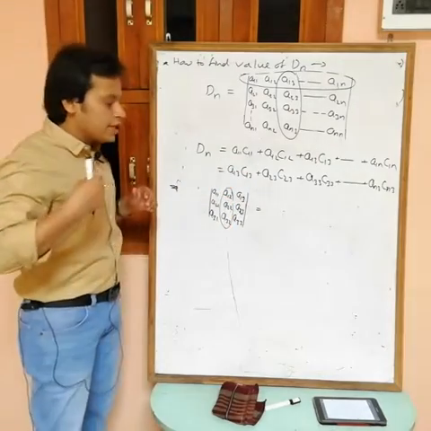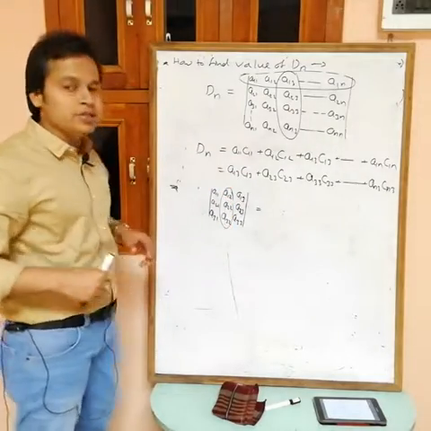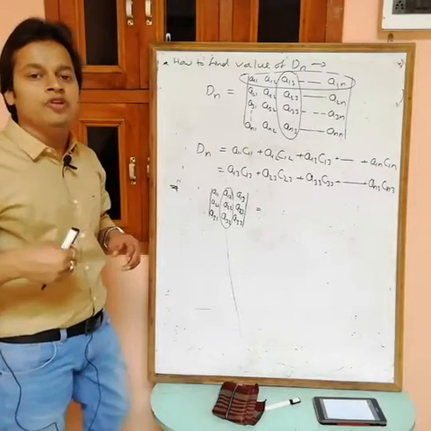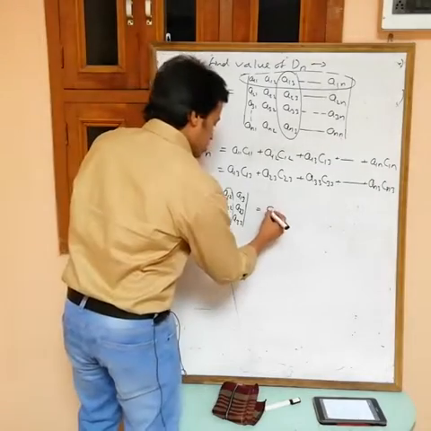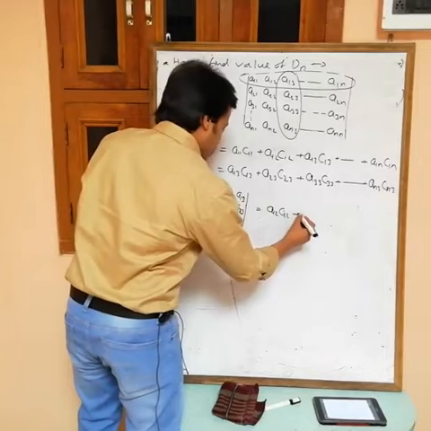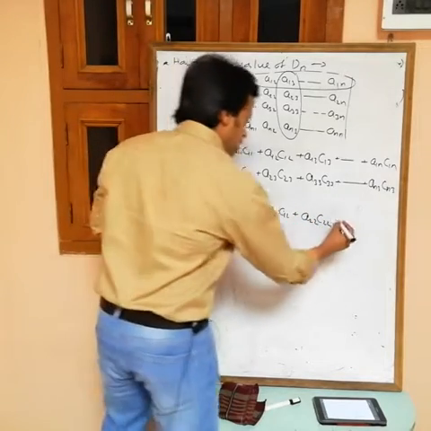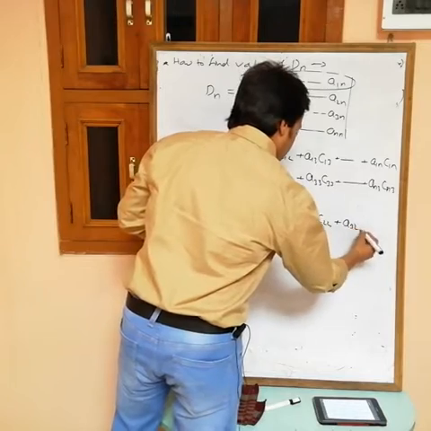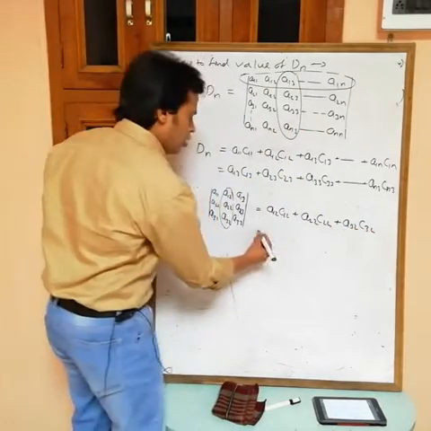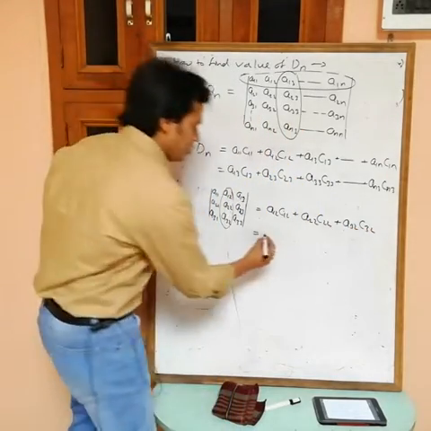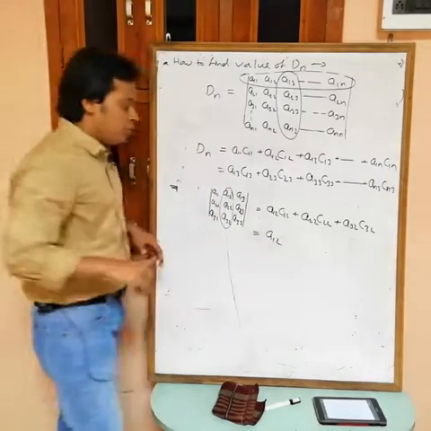If you are selecting the second column, then the value of determinant is the sum of the product of elements with the corresponding cofactor. So this is A12 into C12 plus A22 into C22, plus A32 into C32. Now how to find C12?